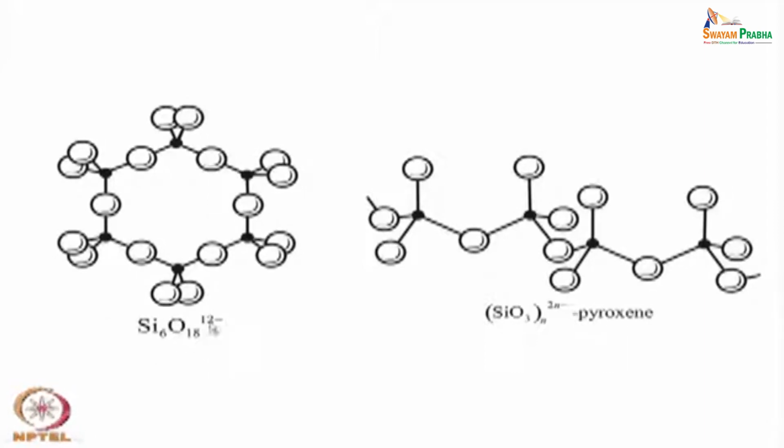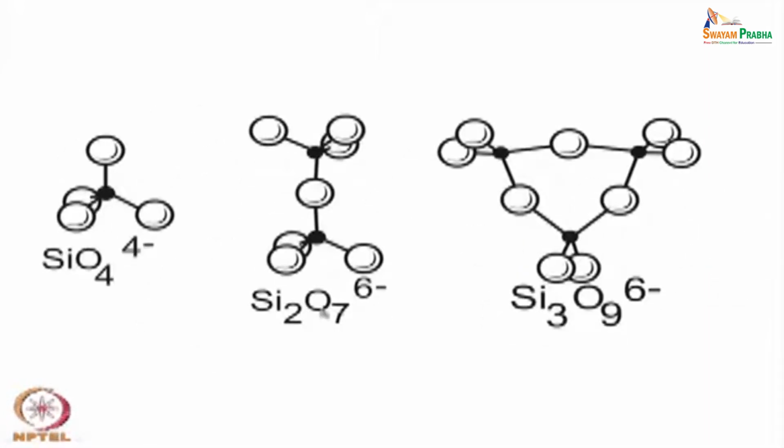You can also have this kind of a chain. Earlier we have seen two of them can be joined, and you can have Si2O7 6 minus.